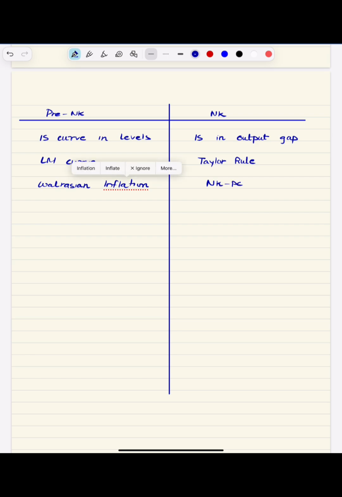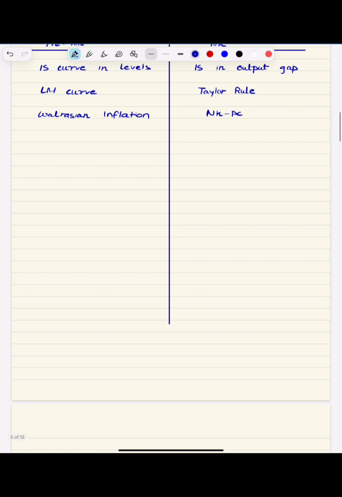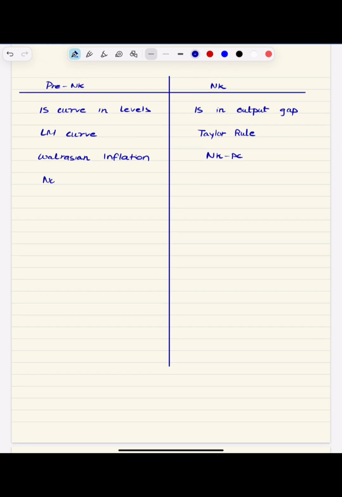Okay, so what else? In the pre-NK model, there were no expectations, and in this we do have forward looking behavior. So we do have expectations here. In the pre-NK, prices used to adjust, but now this New Keynesian model is actually micro-founded, and it has sticky prices.